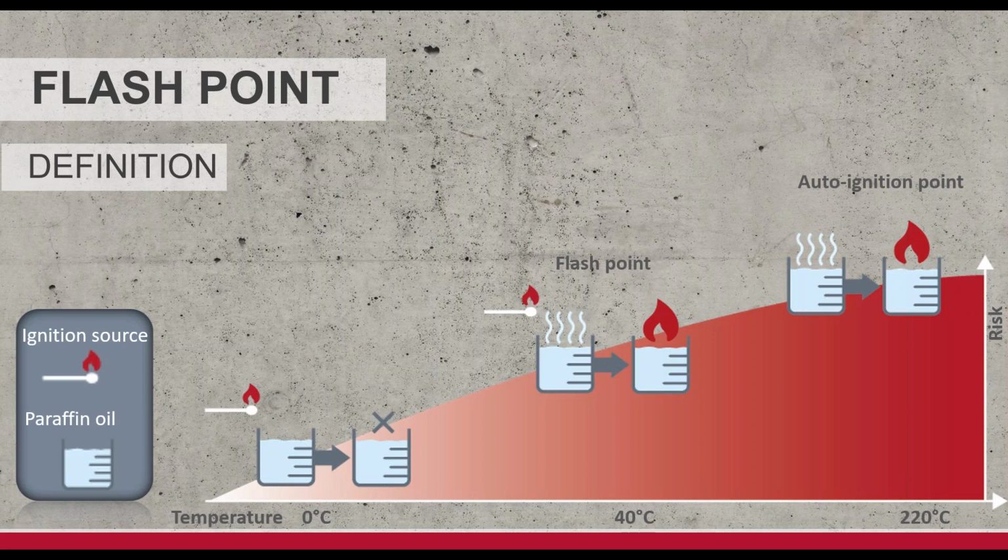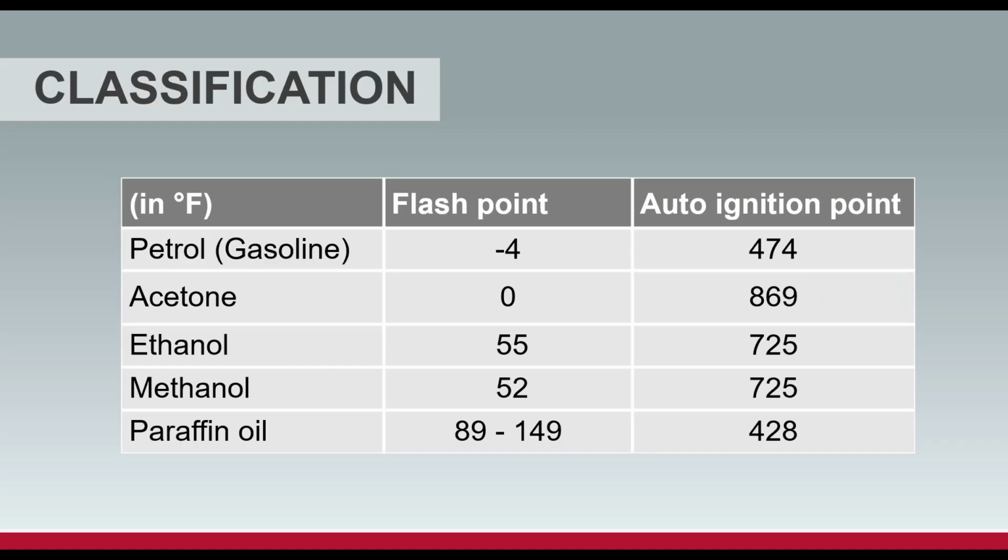So what does that really mean? Is it linear? Is there any correlation between the two? Not really, unfortunately. I can't tell you it's a bell curve, and I can't tell you it's linear. Each chemical has a different flash point and auto ignition point, and the change between those two can be significantly different or very small.